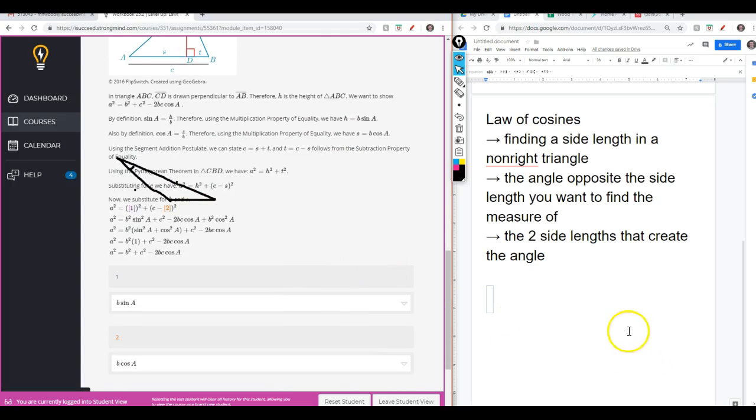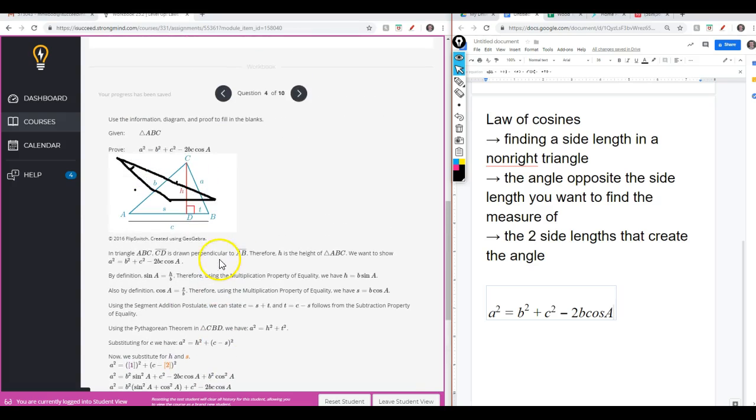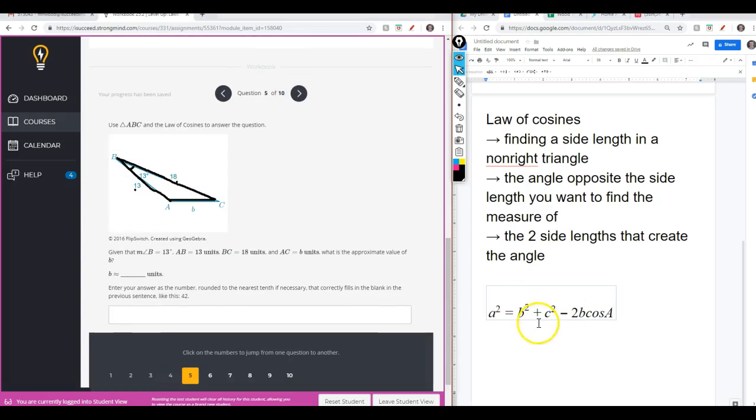Again, the law of cosines: a squared, so a side length squared, equals b squared plus c squared minus 2bc cosine of our angle A. So this is how our relationship goes.